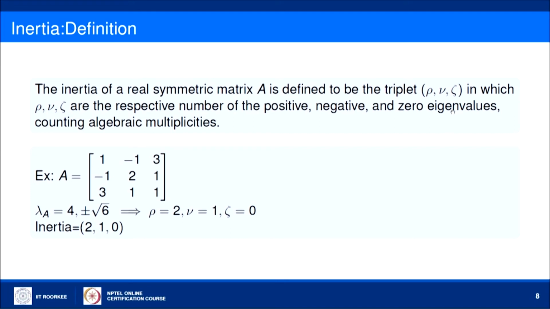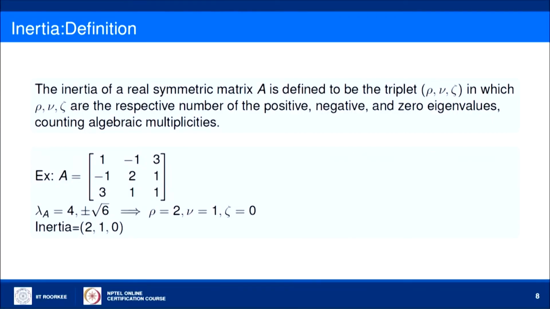So, the inertia of a matrix is a triplet in which the first component is the number of positive eigenvalues, the second component is the number of negative eigenvalues and the third component is the number of zero eigenvalues, counting the algebraic multiplicities.